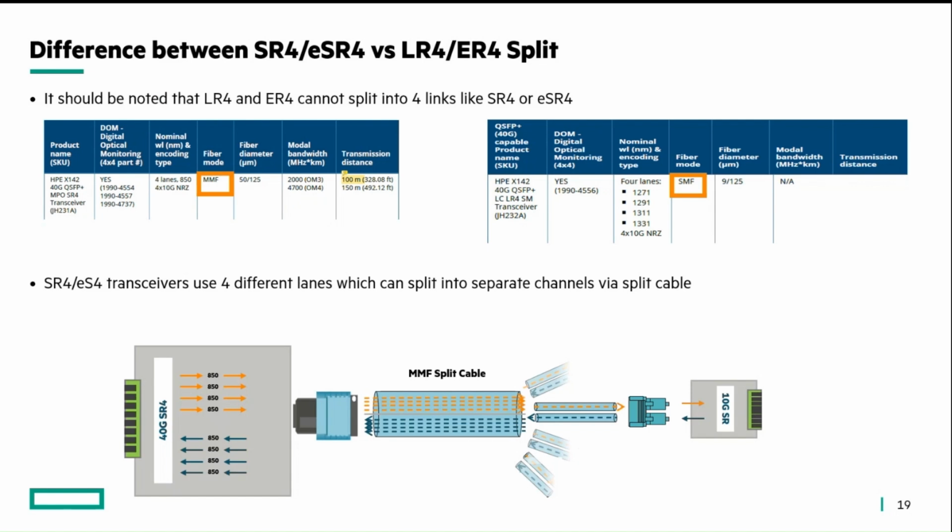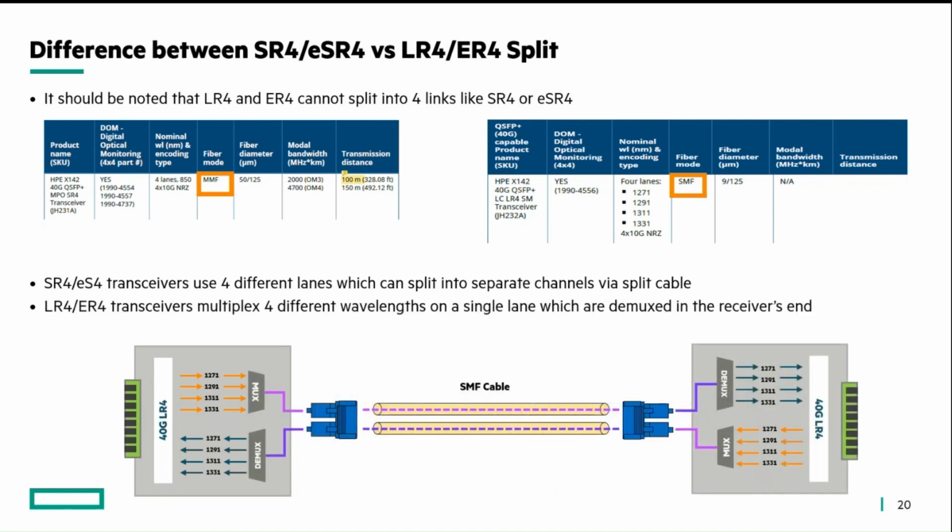That's 10 gig. On the other hand, LR4 or ER4 transceivers use multiplexing techniques of 4 different wavelengths over a single lane, which is demuxed on the receiver's end.